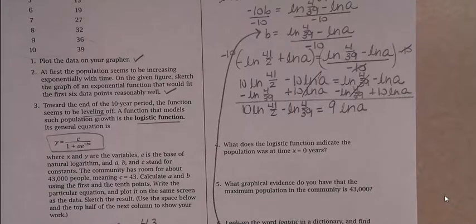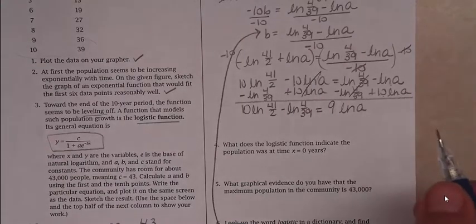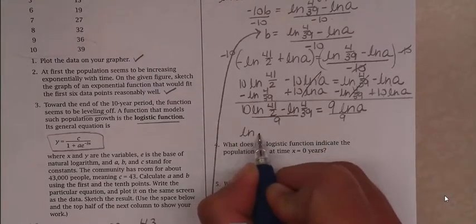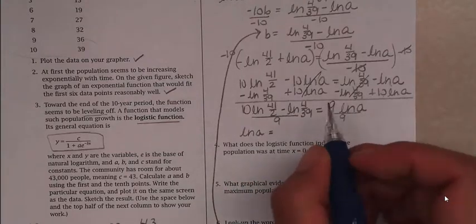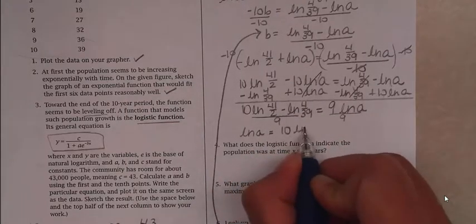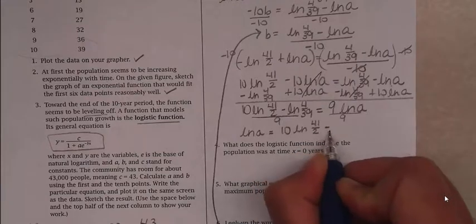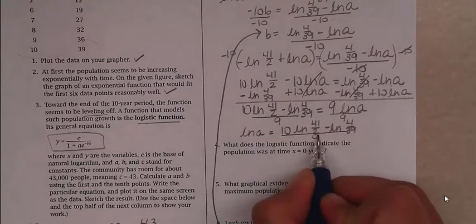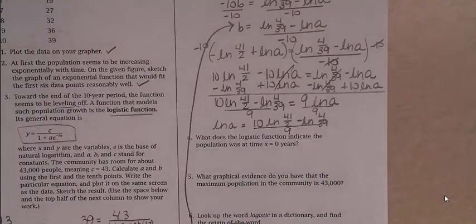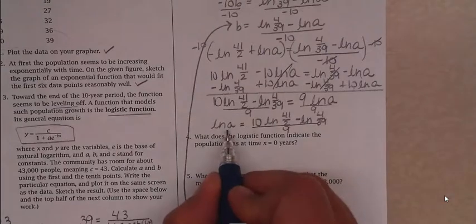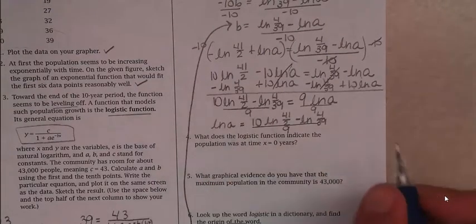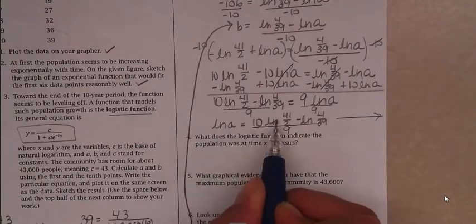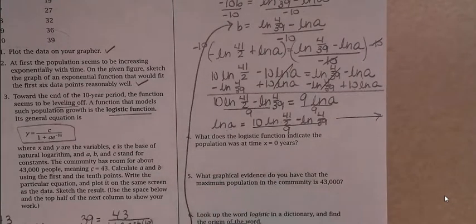Okay, now I'm going to divide by 9. So that ln of a is going to give me that whole thing. Okay, so basically at this point, how do I get a alone? Let's move over to the back. I'm going to take my base, which is e, and raise it to this whole thing, and be left with a.